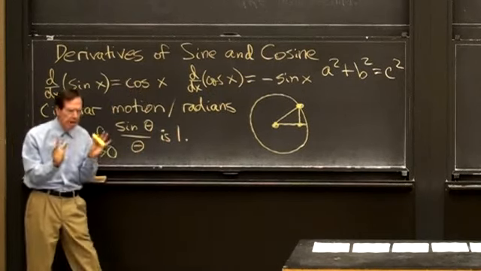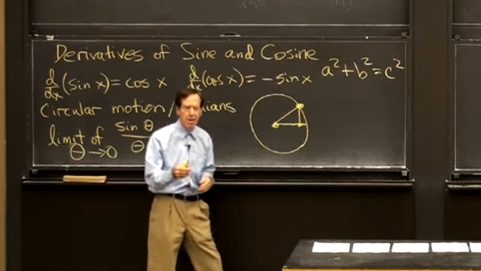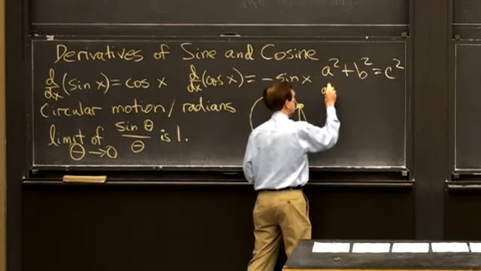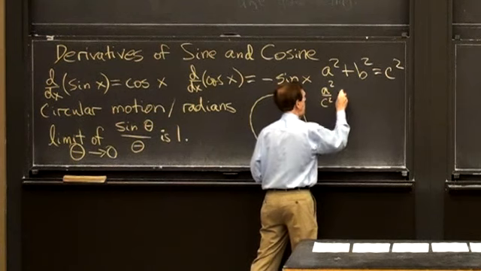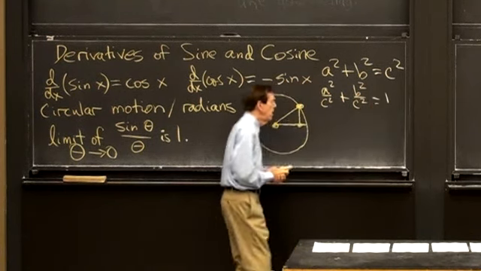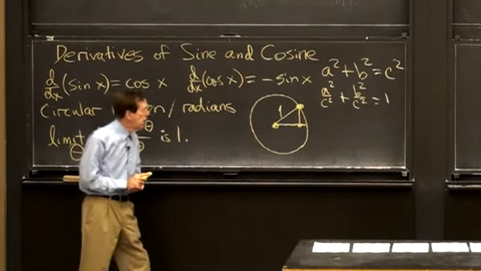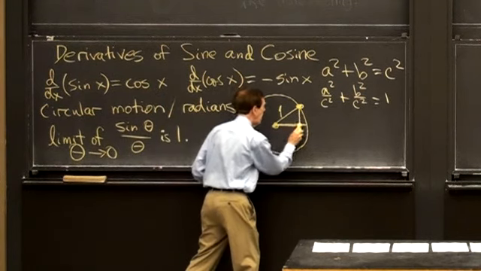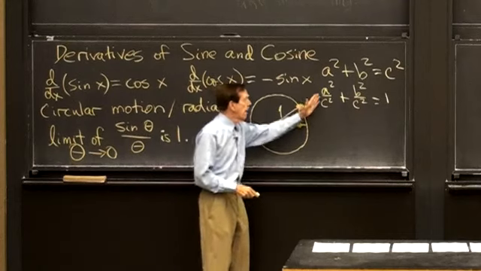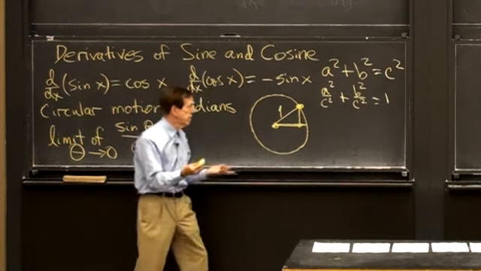So it's a fundamental fact, and I'm going to divide by c squared because I like the right-hand side to be 1. So if I divide by c squared, I just have a squared over c squared plus b squared over c squared is 1. And I'm going to make that hypotenuse in my picture 1. So then this will be a over c, and that ratio of the near side to the hypotenuse is the cosine.